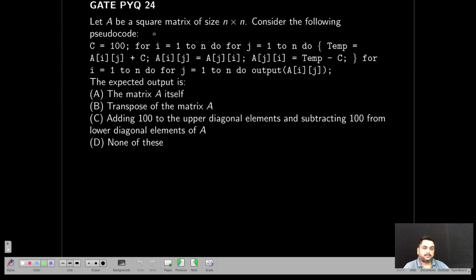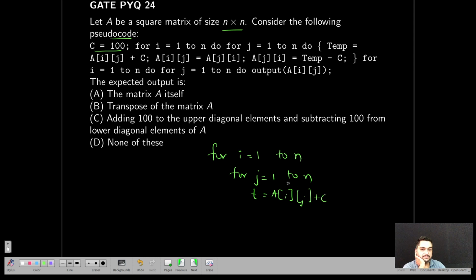Next. Let A be a square matrix of size n cross n. Consider the following pseudocode. P equal to 100, for I equal to 1 to n, for the inner loop to n, temp equal to A of ij plus some c.